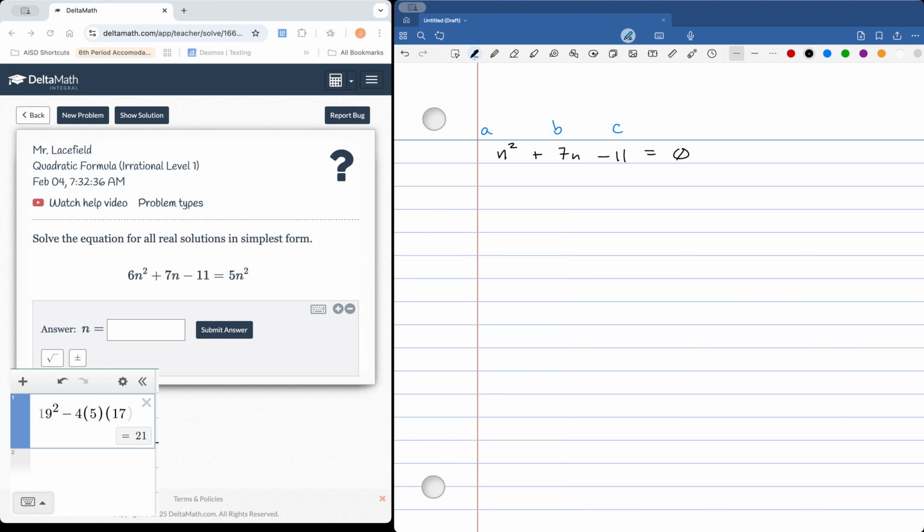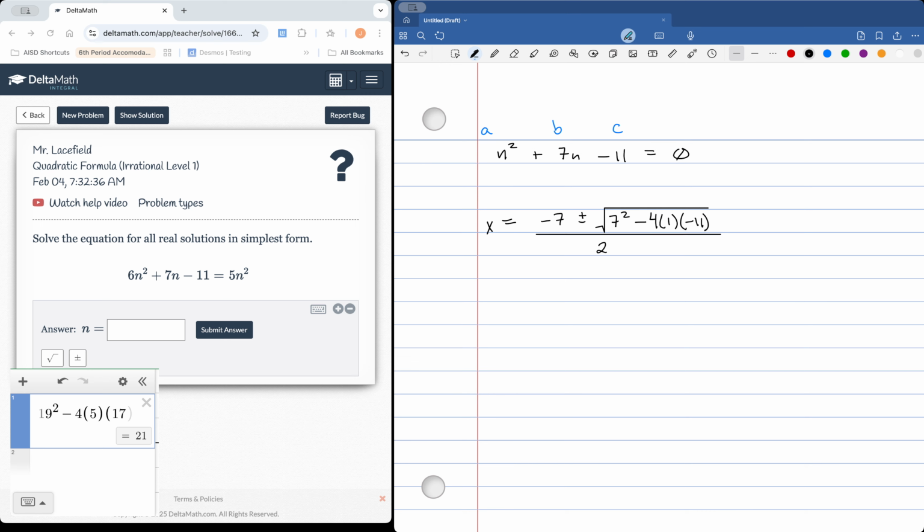So quadratic formula again, we're going to go x equals the opposite of b, which is negative 7, plus or minus. We're going to put 7 squared minus 4 times 1 times negative 11. That's all going to be underneath the root. Divide that by 2 times our a, which is 2 times 1. We're just going to leave it as 2.